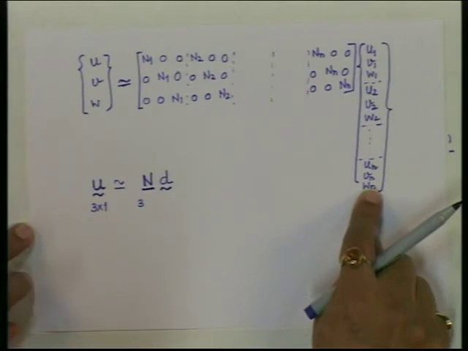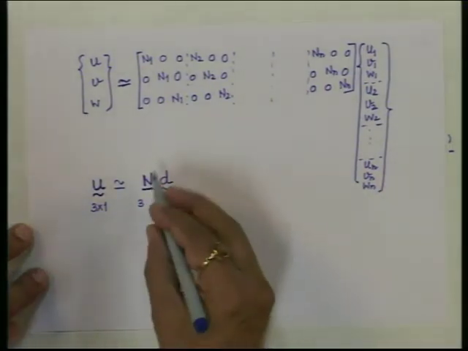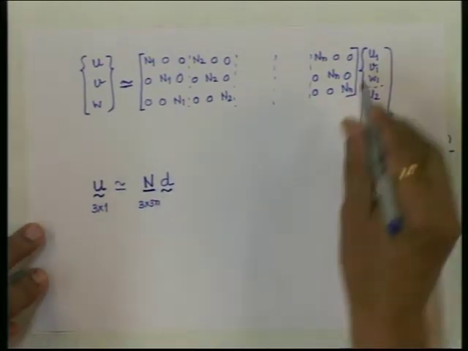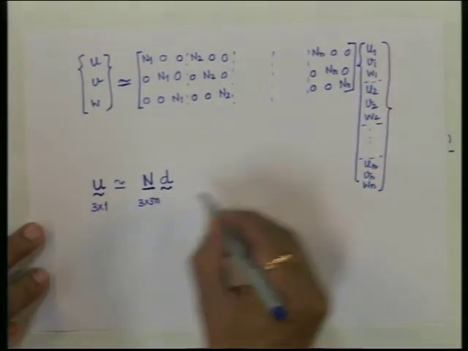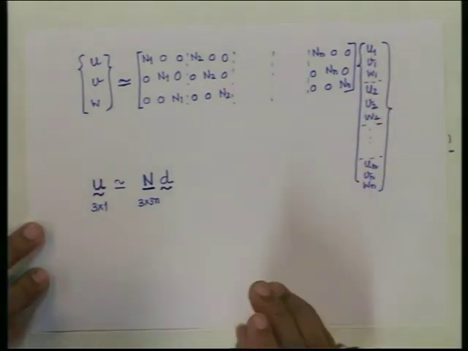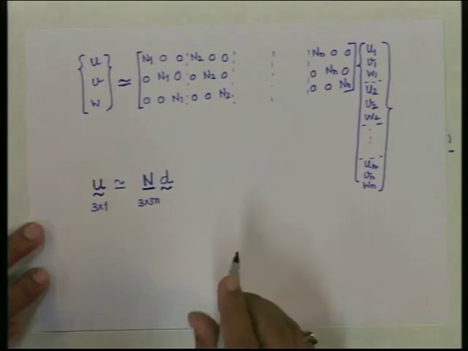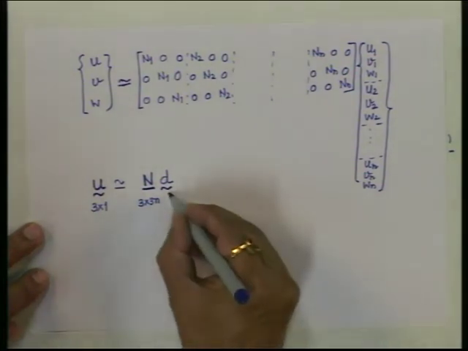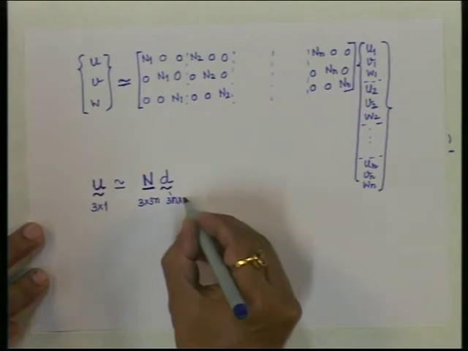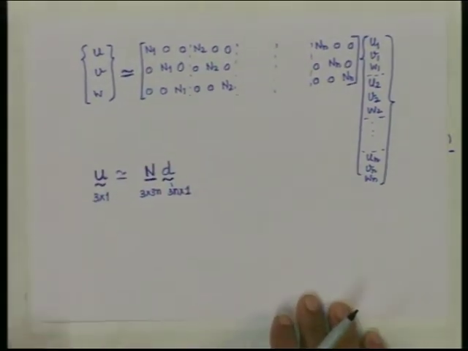Each node has 3 degrees of freedom, so it is 3 by 3n, and this one is 3n, because u v w for every node, 3 degrees of freedom. So if there are n nodes, in the most general case this will be 3n by 1 in size. So, this must be kept in mind.